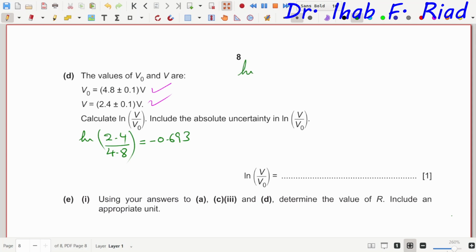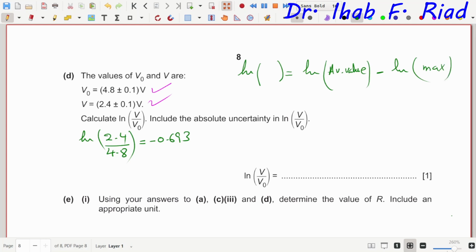Okay, as we said before, to calculate the uncertainty in the ln, it is going to be the ln of the average value minus ln of the maximum.